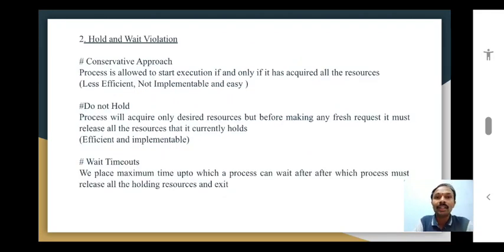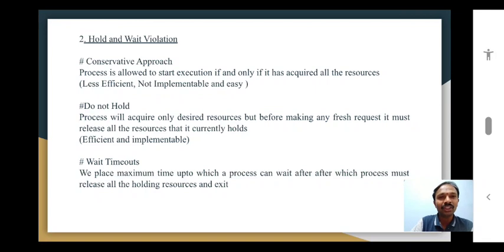As we know, the second condition was hold and wait. What was the hold and wait condition for deadlock? The process is holding a resource and still waiting for another resource to be acquired. In the previous video I told you that the process should not expect more than what resource it has.